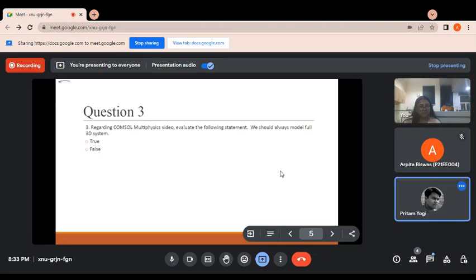Maybe true. No, it is false, because we can also model 2D and one-dimensional devices. So not only 3D systems, it is also useful for 2D and one-dimensional. But the question says we should always. No, it is not always a model. Okay.